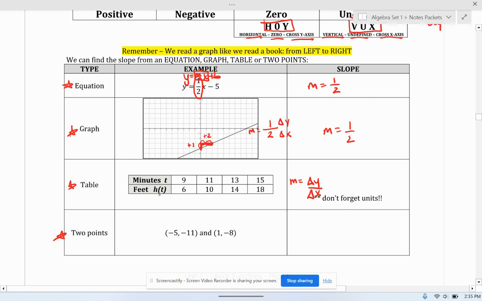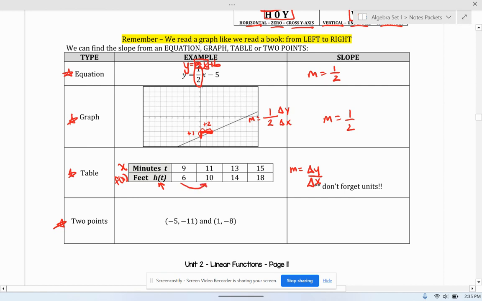Well, you can always look for the h of t. That is going to be your dependent variable, or your f of x. And then time is usually going to be your x. So now I'm going to find the change in y, right? How much does it take to get from 6 to 10? I add 4.